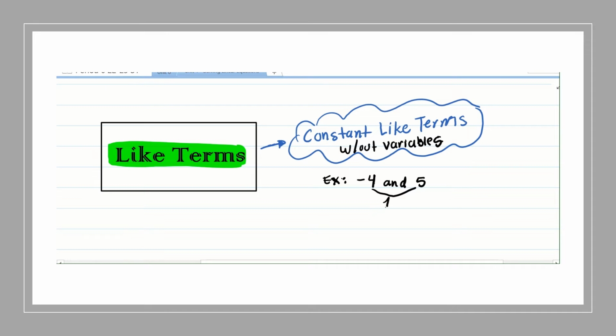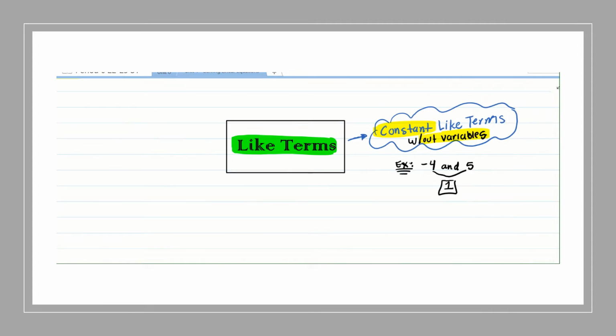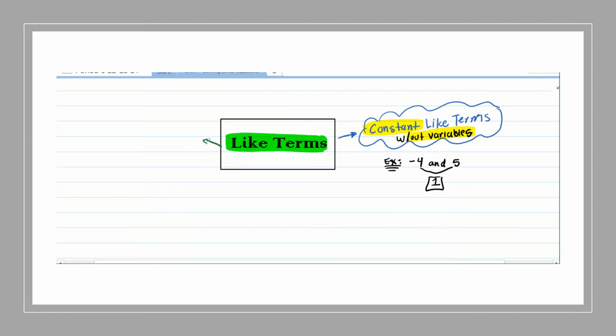Those are like terms. Since one of them is negative and the other one's positive, instead of adding them, we're going to subtract them. We have more positives, so my answer is going to be positive 1. What's important to remember here is that constants are those terms in your equations that don't have any variables. So that's one type of like terms that we could have in our equations.